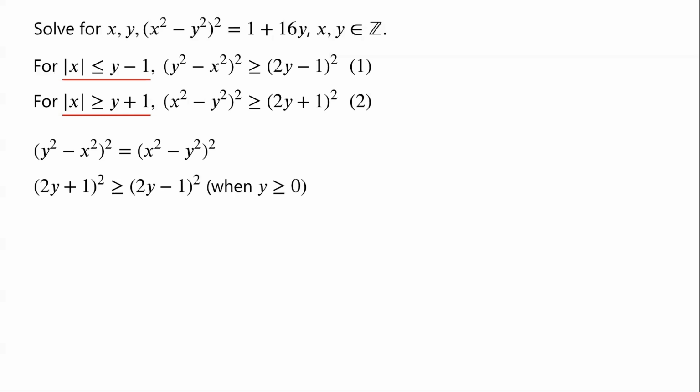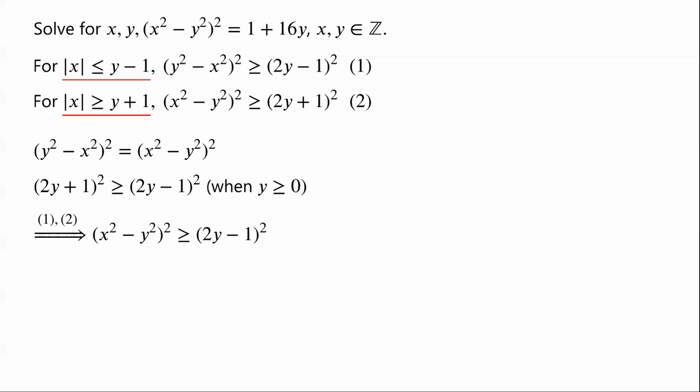Clearly, 2y plus 1 all squared is always greater than or equal to 2y minus 1 all squared when y is greater than or equal to 0. Therefore, from inequalities 1 and 2, we know that x squared minus y squared all squared is greater than or equal to 2y minus 1 all squared. And it holds for all cases.